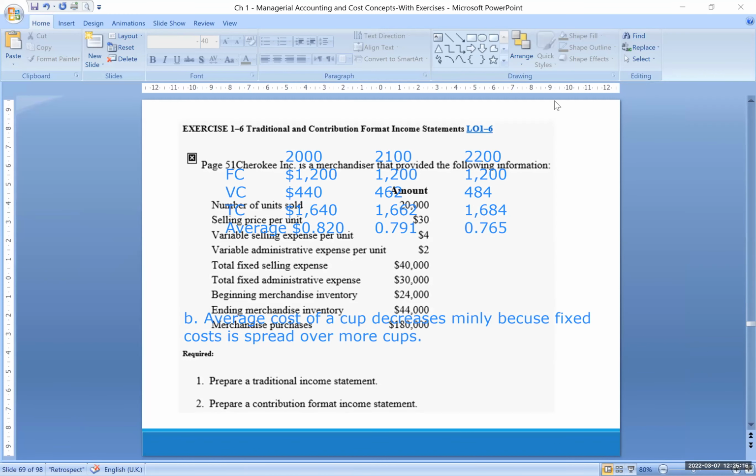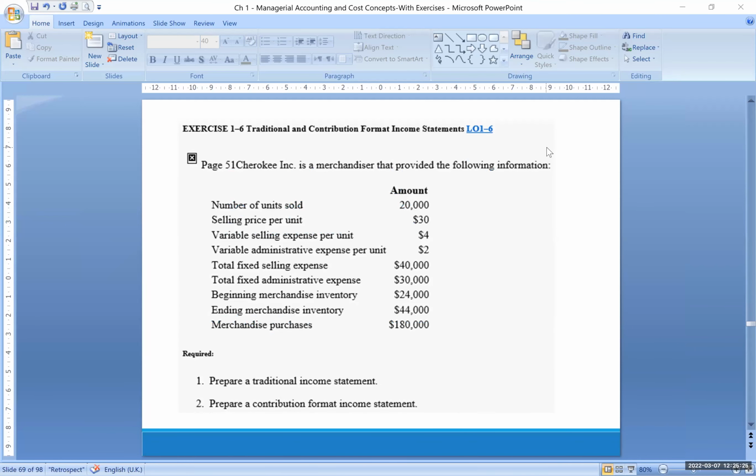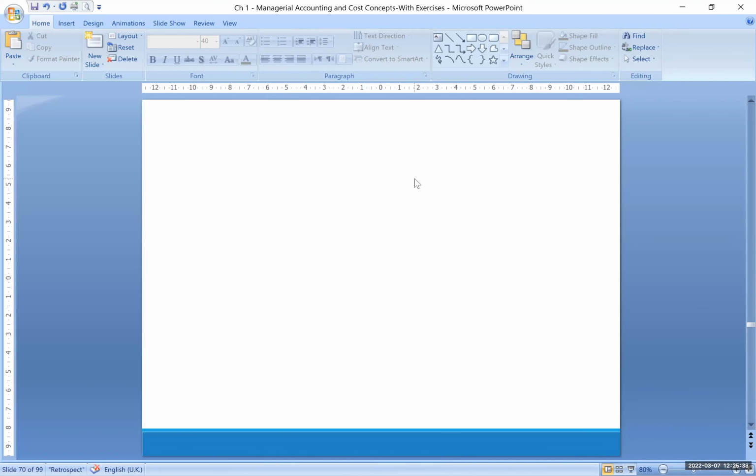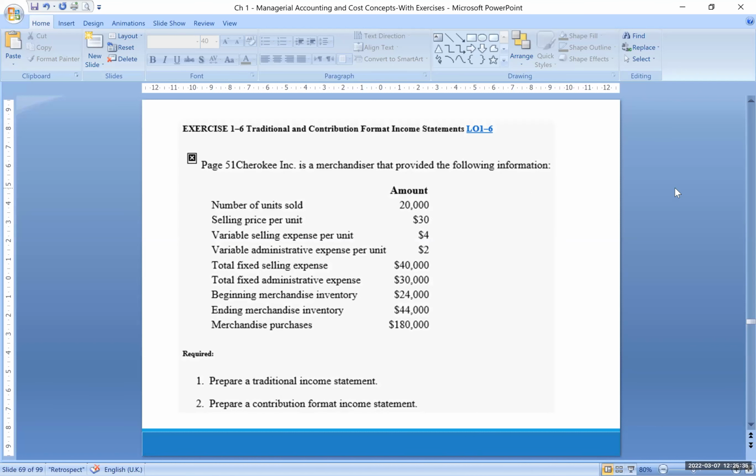Let's do exercise 1.6, traditional and contribution format income statement. Cherokee Incorporated is a merchandiser that provided the following information.